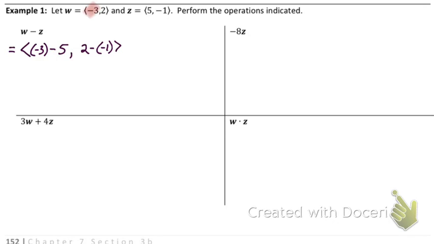So once again, all I did is I took negative 3, subtracted 5 from it, and then for the next part I took 2 and subtracted negative 1 away from it. And that's going to result in negative 8, 3.